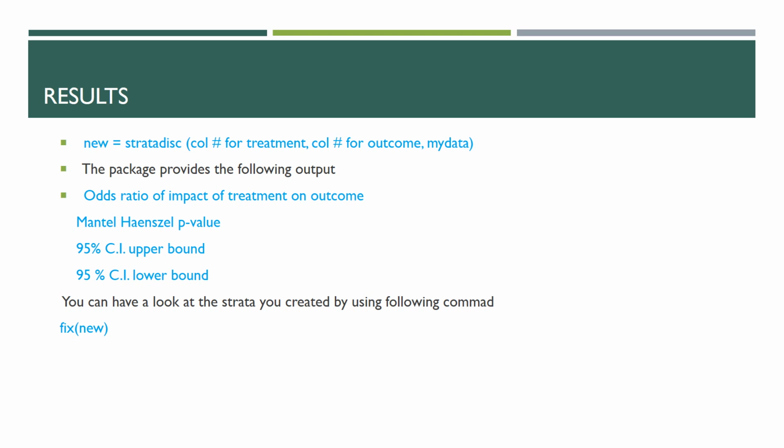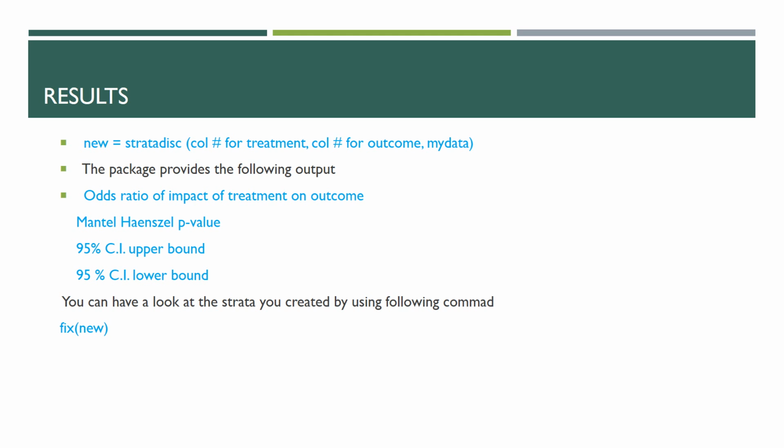Let's go through the command that we used on the last slide one more time. newdata = stratadisk(column name for treatment. This would be the column number for treatment in your data set, and column number for outcome, again, would be the column number of the outcome in your data set.